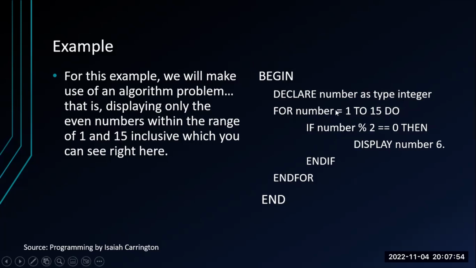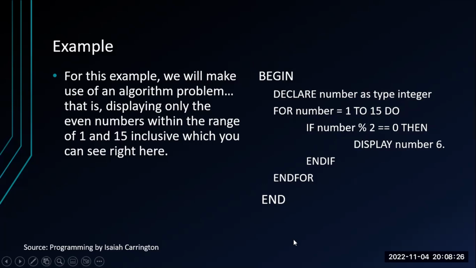And then within this for loop, if number modulus 2 equals 0, so if when number is divided by 2, there's no remainder, meaning that it's completely divisible by 2, which then means that it is an even number, then it'll display the numbers. Sorry about the 6 here. Let me just alter this.